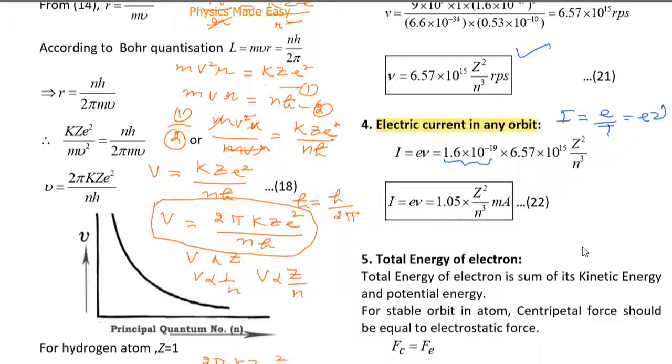Once I filled all these values, this is what I got: current I is approximately 1.05, you can take 1 milli ampere, Z square by n cube milli ampere.